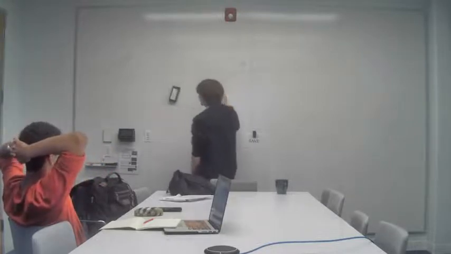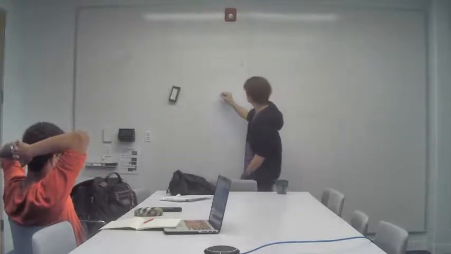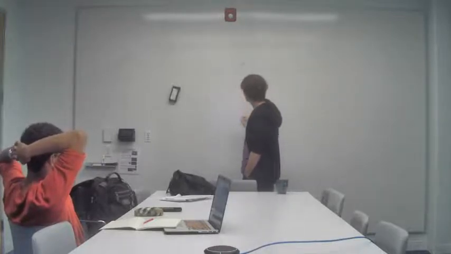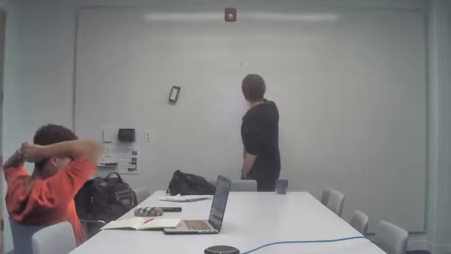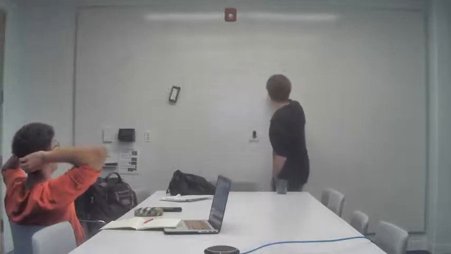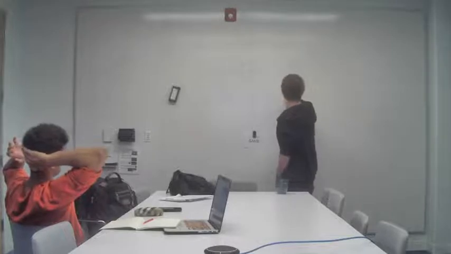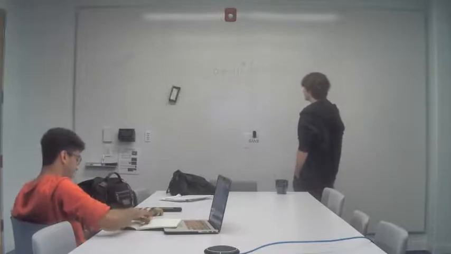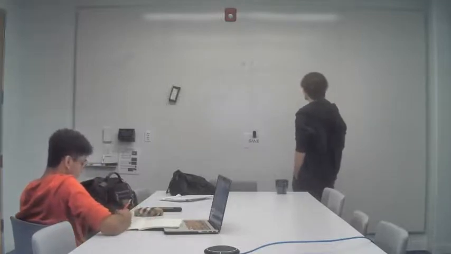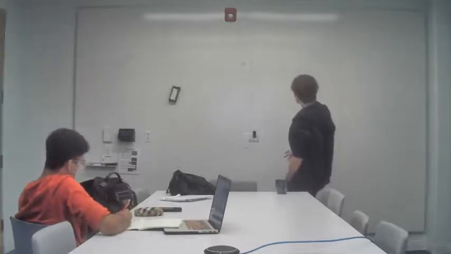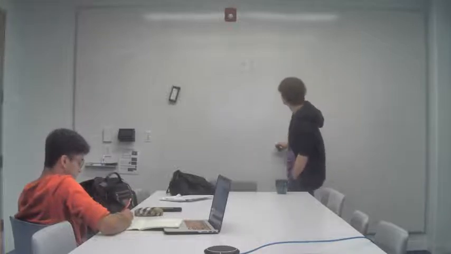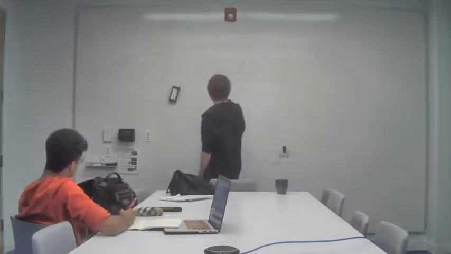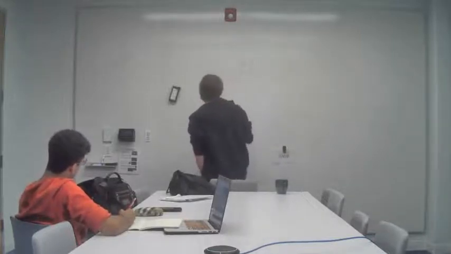D0 of R times S, plus delta R times D0 of S. Okay, so that's the empty set. D0 of R is going to be complicated.